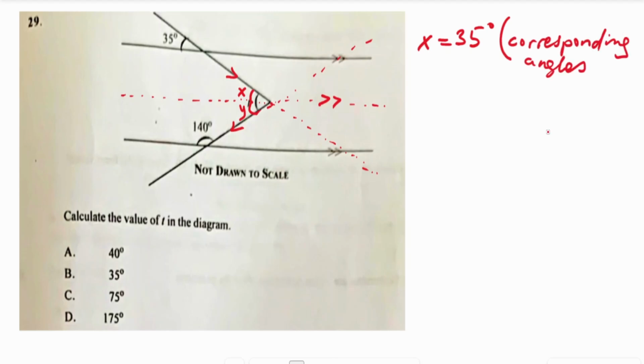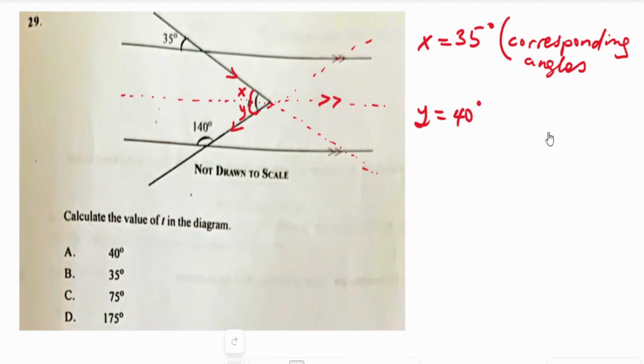And then also the 140 and Y are same side or co-interior angles to these three lines, 1, 2, and 3. And co-interior angles are supplementary. That means they add up to 180. So that means Y equals 40 degrees.